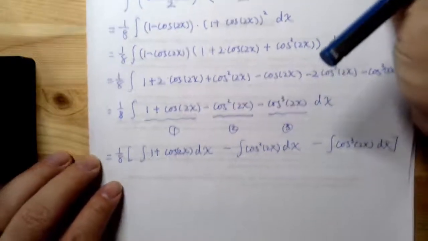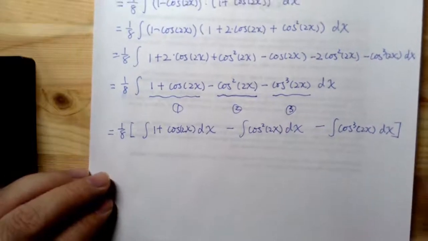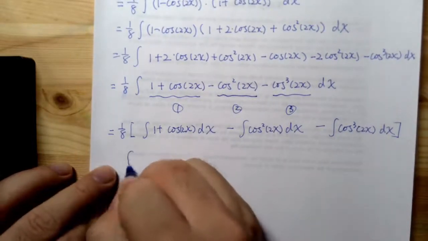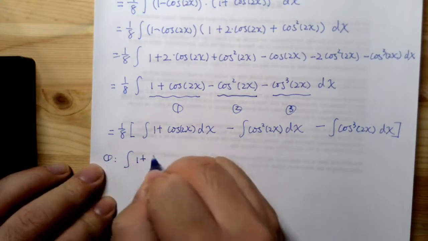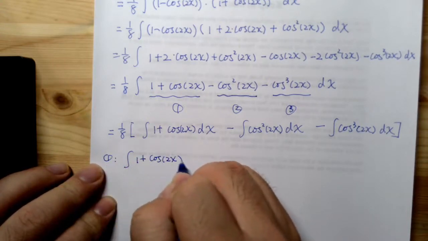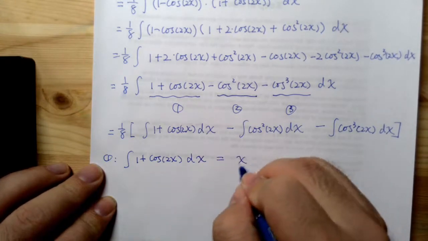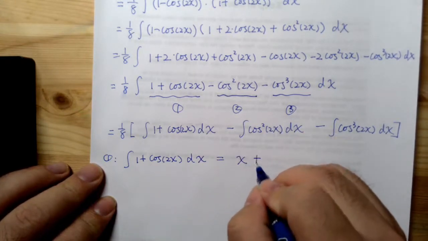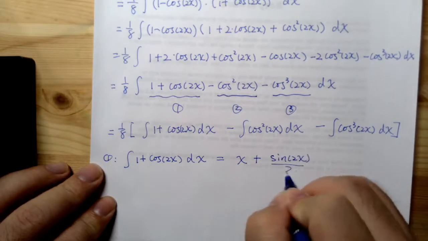So let me do this. First, let's focus on the inside of this first. The integral of 1 plus cosine 2x dx turns out to be x plus sine of 2x over 2.